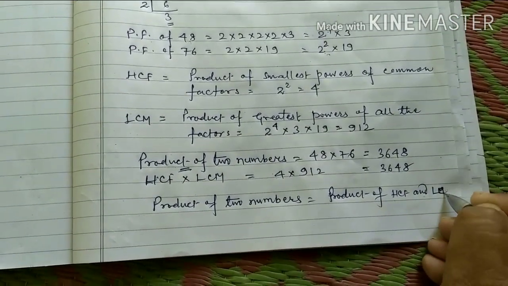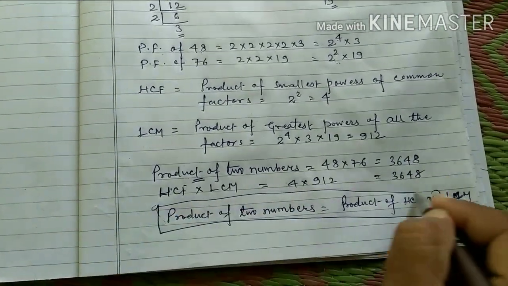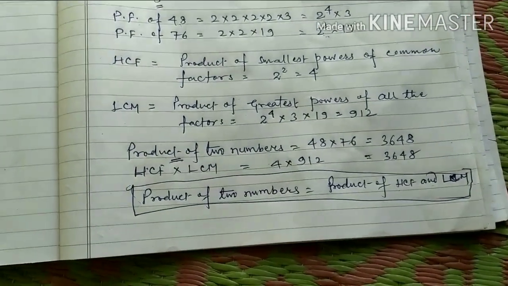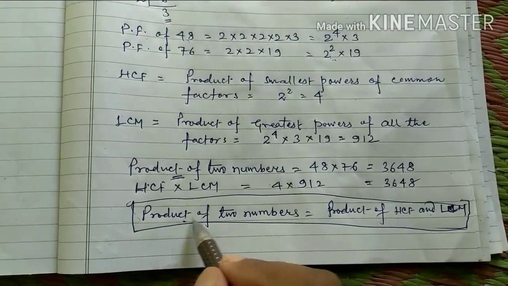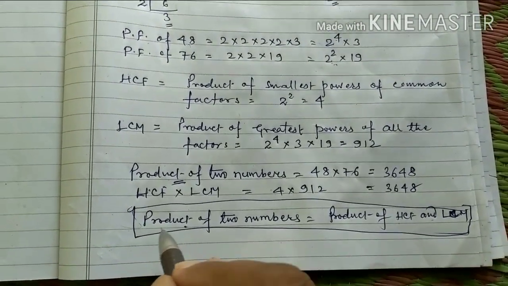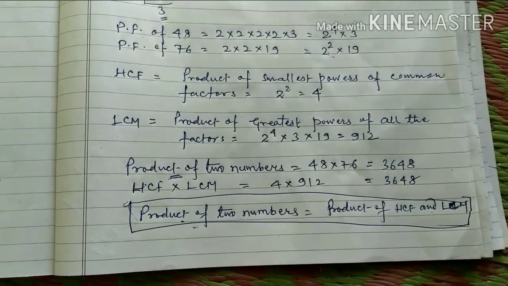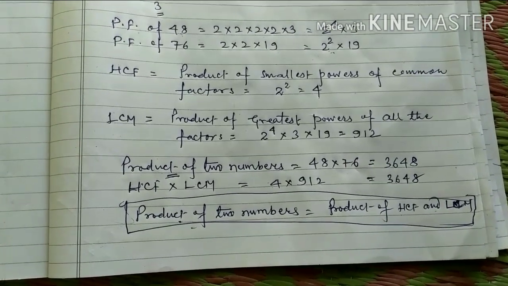So using this property, if two numbers are given and either HCF or LCM is given, then we can find the other. Meaning among these four entities, two numbers, HCF and LCM, if three are given, we can find the fourth.